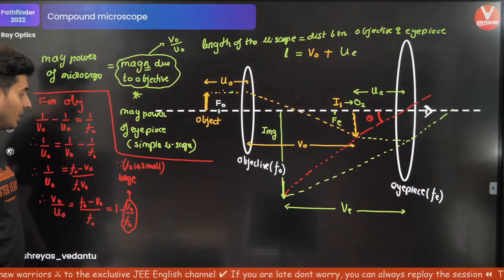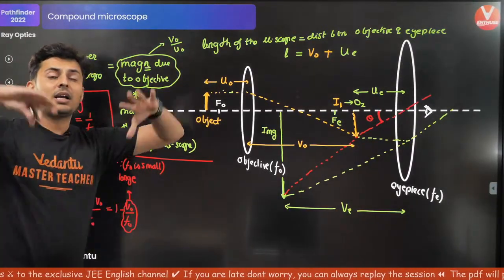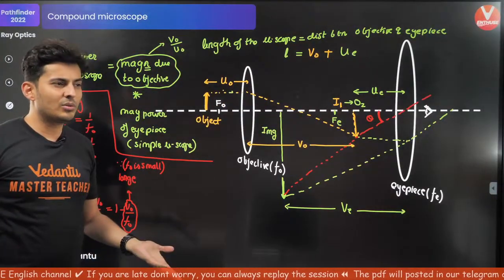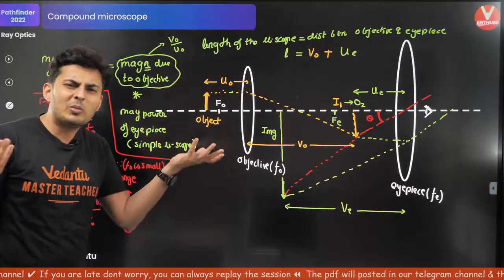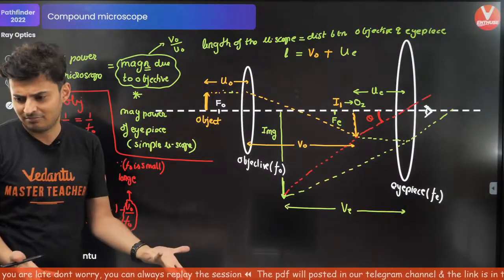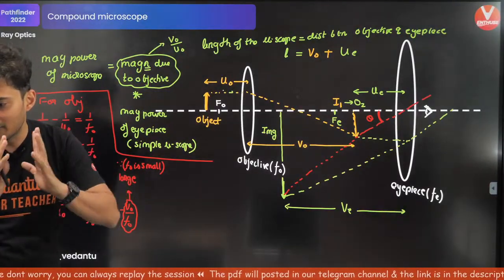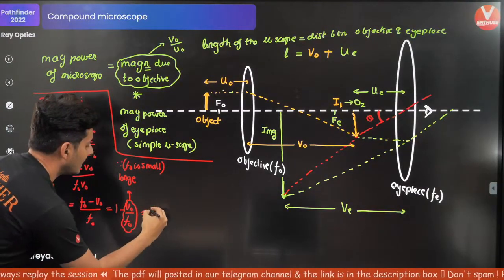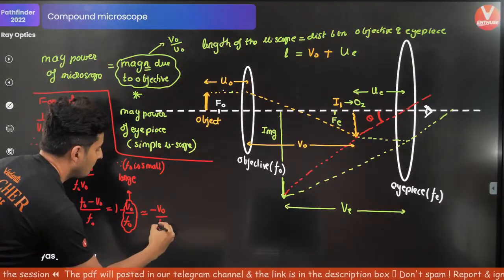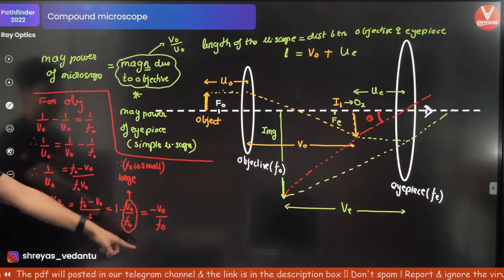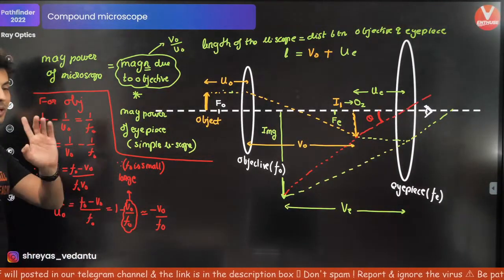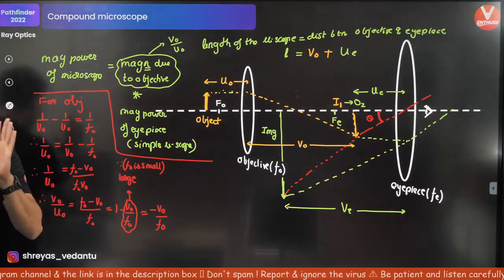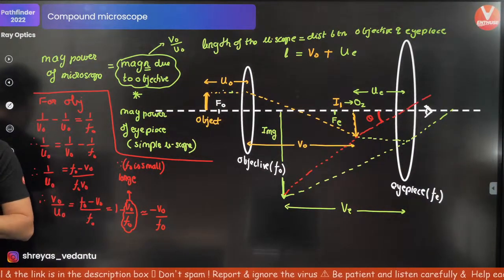That means 1 minus 1000, or 1 minus 200, is almost minus 200 or minus 1000. Got it? That means this will be roughly minus VO by FO. See if you guys understand this. Everybody understanding this? Perfect. Got it, my warriors, till this point?